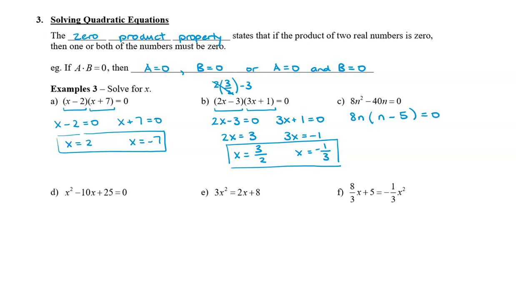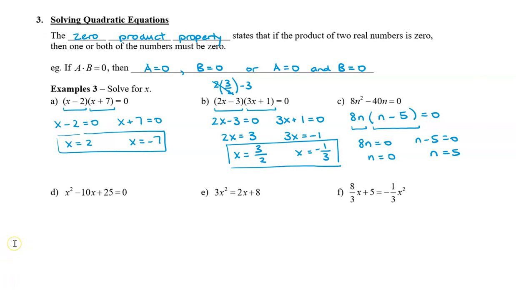So either 8n equals 0, or n minus 5 equals 0. Divide both sides by 8, so n still equals 0. We have n minus 5 equals 0, so n equals 5.